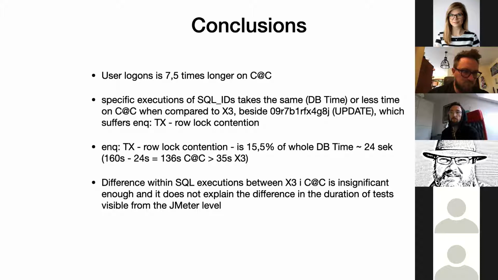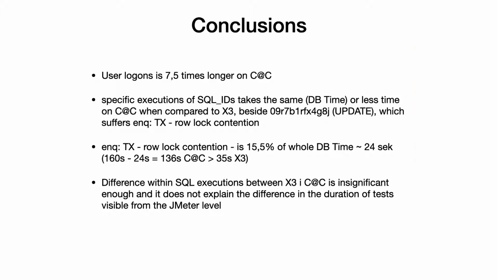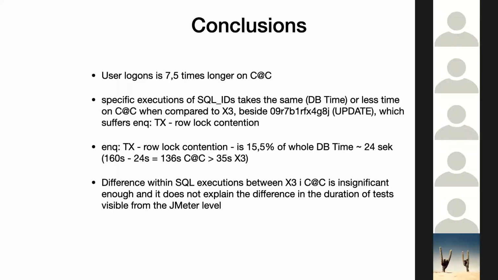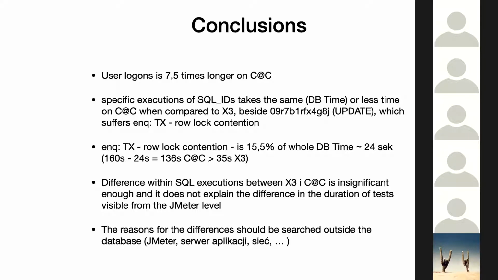So the conclusion is that the reason for the differences should be searched outside the database, because inside the database you cannot see the time which makes the difference. And basically this is the intro.